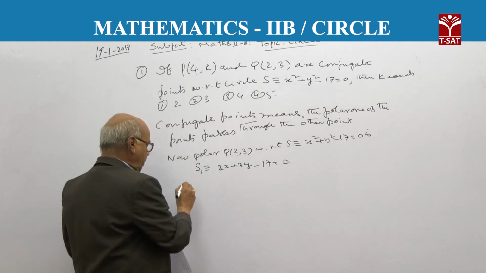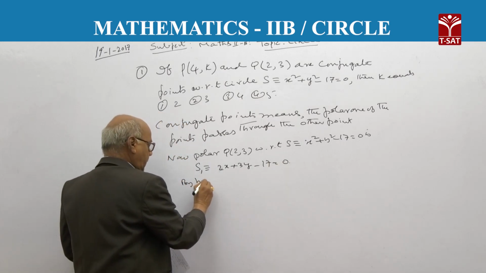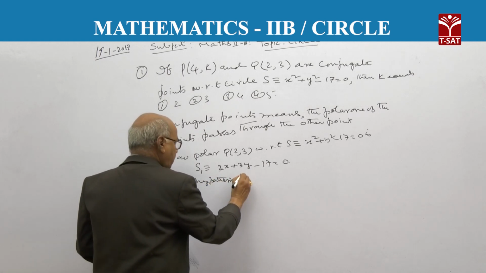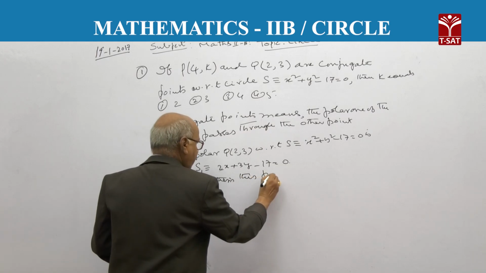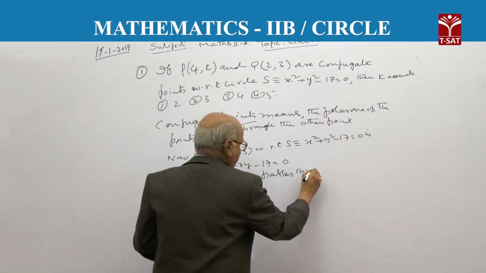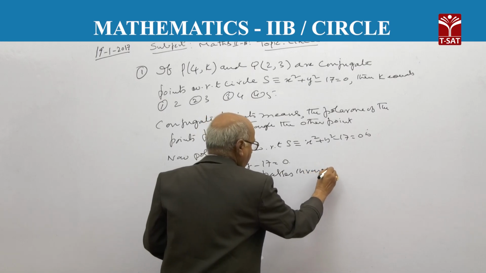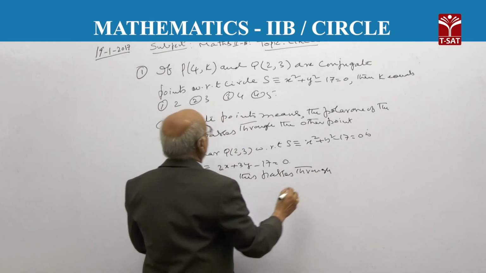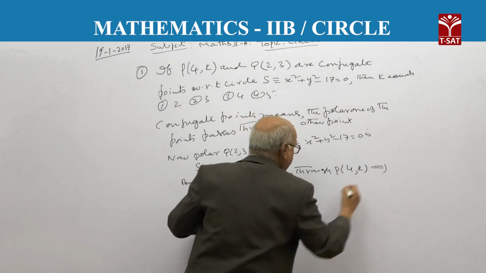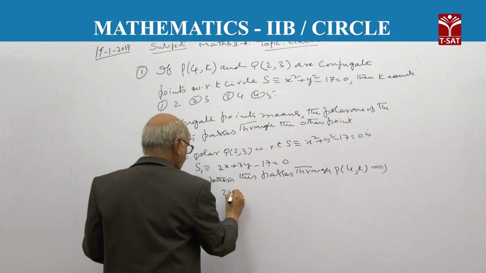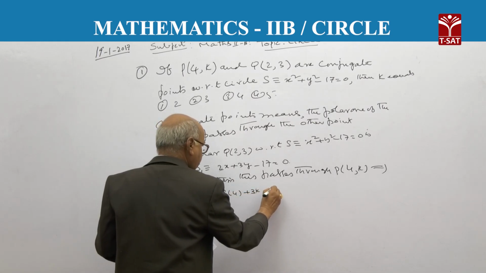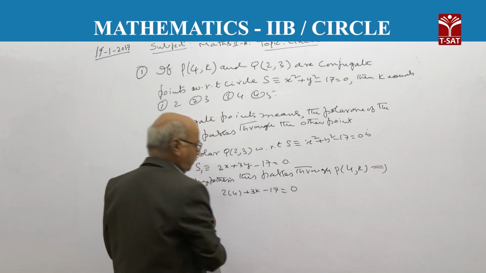Now, by hypothesis, this passes through P(4, K), which implies 2 into 4 plus 3K minus 17 is equal to 0.